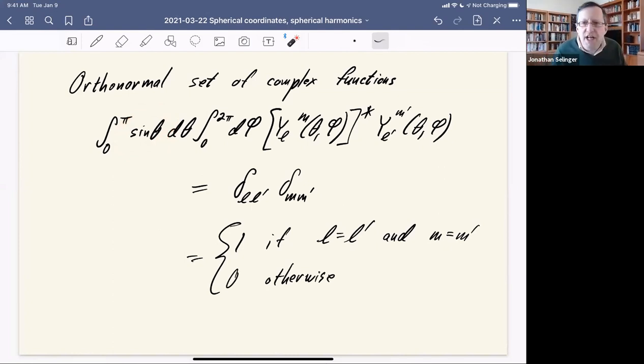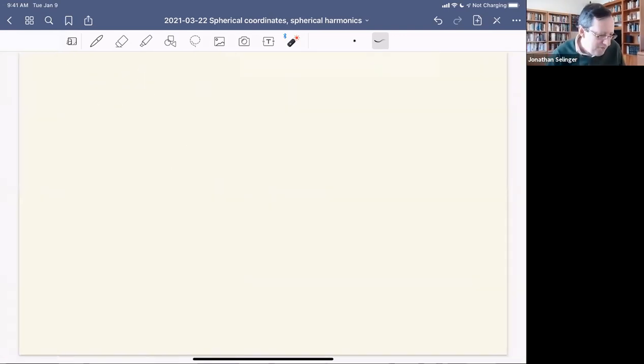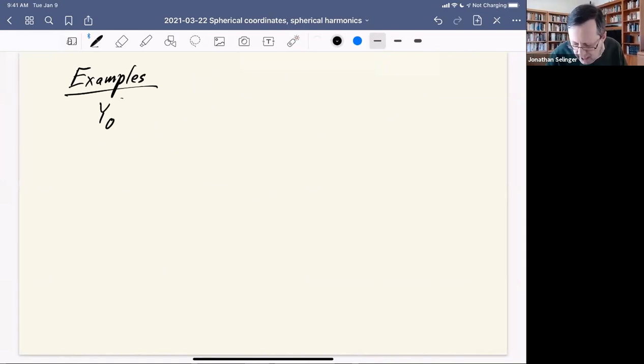Okay, so these are general points about these functions, but now, if you haven't seen them before, maybe you're wondering, what are these functions? So I'll write a few of them for you. For example, for L equals 0, M equals 0, this function is a constant.